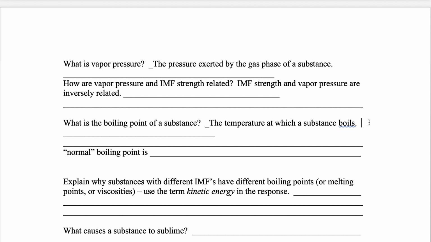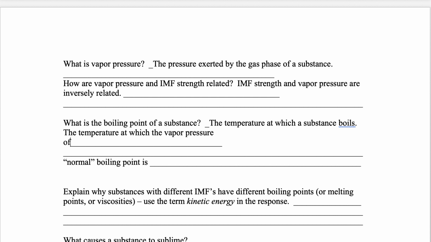Technically speaking, the boiling point of a substance is the temperature at which the vapor pressure of a substance equals the atmospheric pressure.